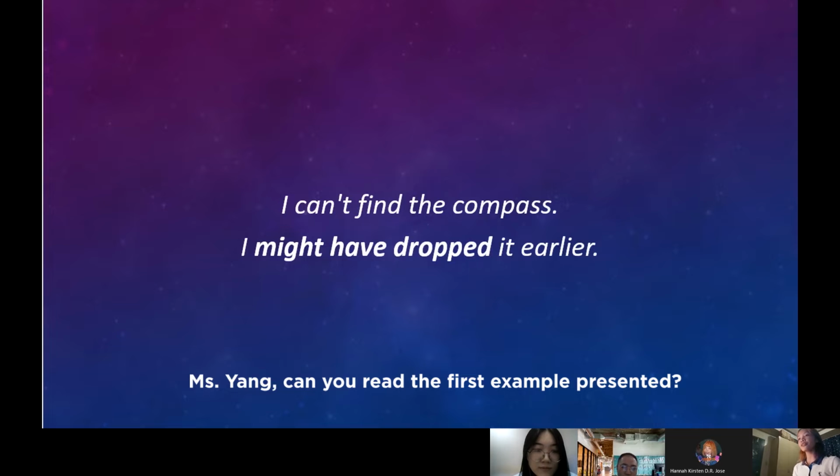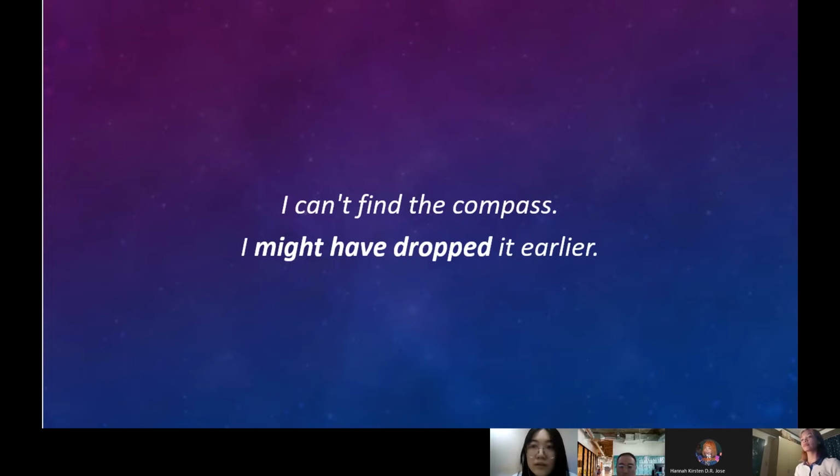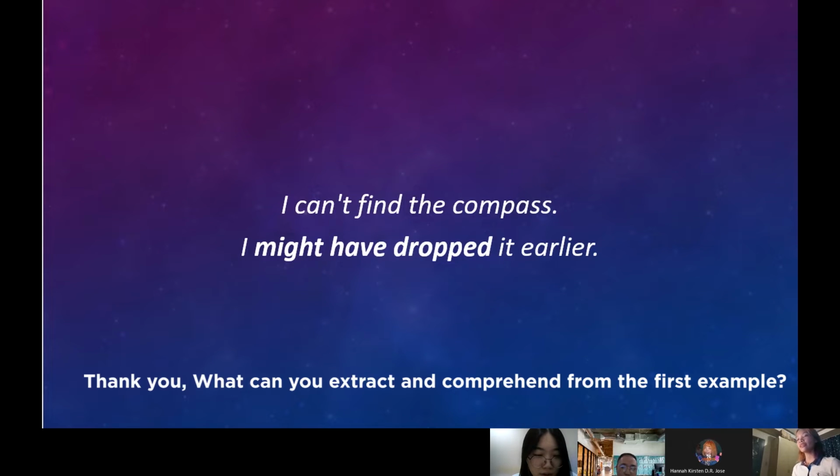Miss Yang, can you read the first example presented? I can't find the compass. I might have dropped it earlier. Thank you. So what can you extract and comprehend from the first example?